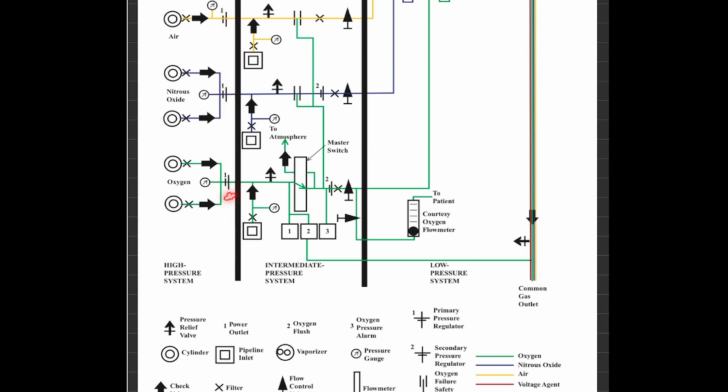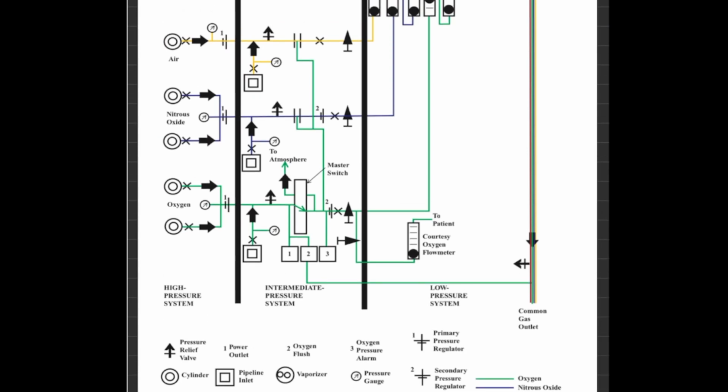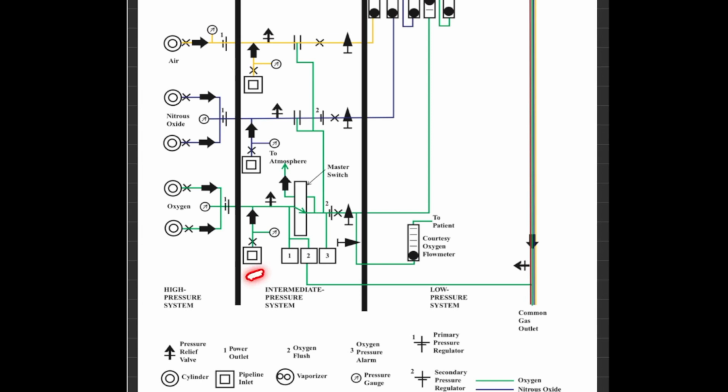After the pressure regulator, we have the intermediate pressure system. The intermediate pressure system includes pipeline inlet connections. This is of oxygen, green color. This is of nitrous oxide, and this is of air. Each pipeline is followed by a filter, unidirectional check valve and pressure gauge.